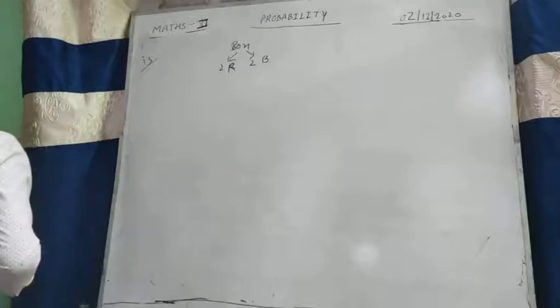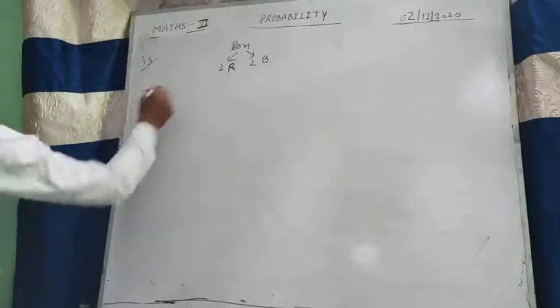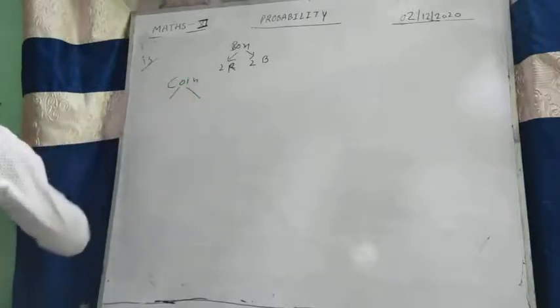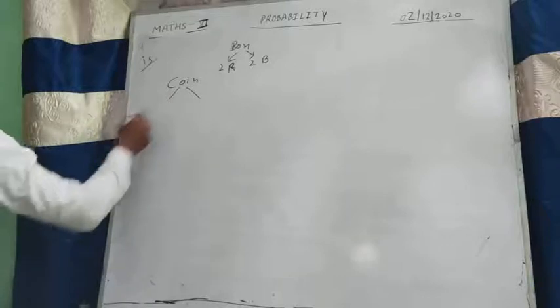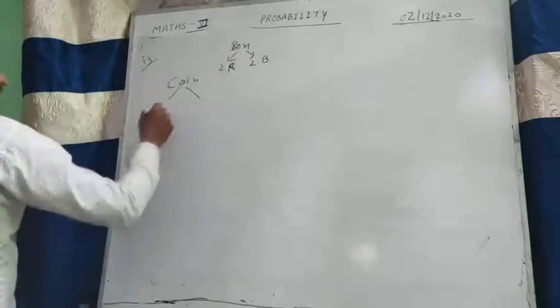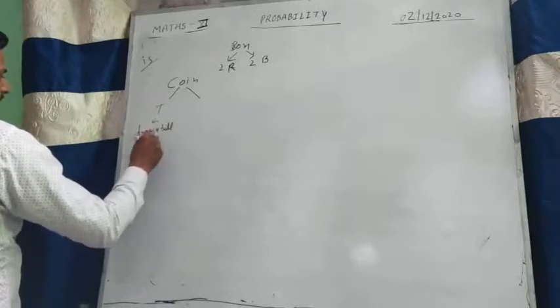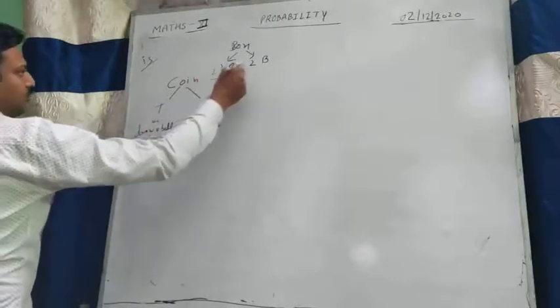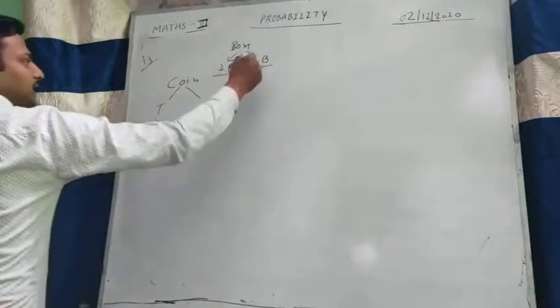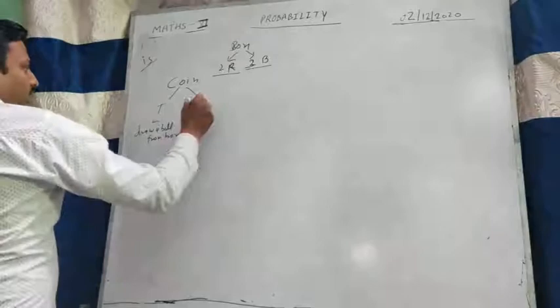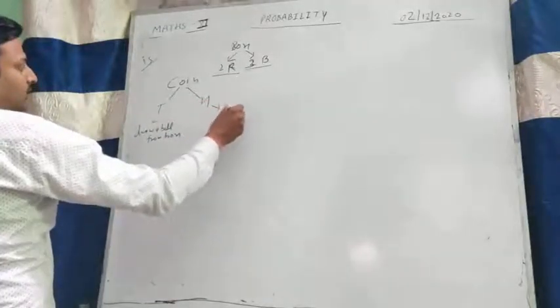A coin is tossed, and if it shows a tail, we draw a ball from a box which contains 2 red and 3 black. If it shows a head, we throw a die.